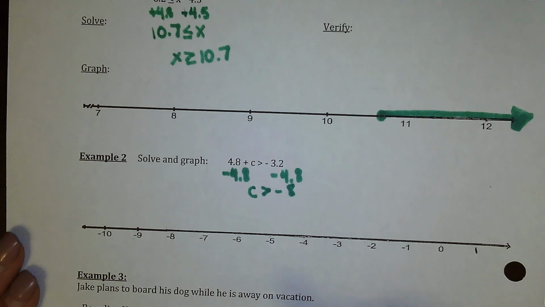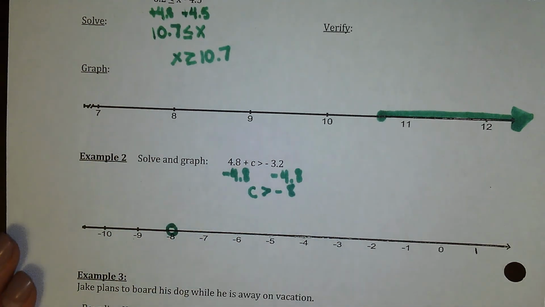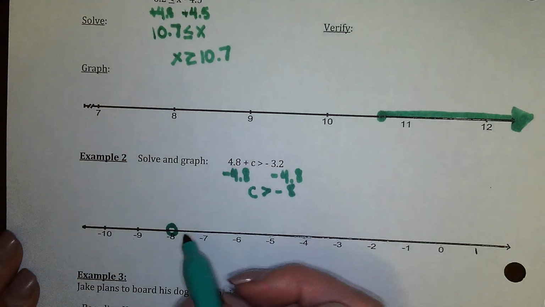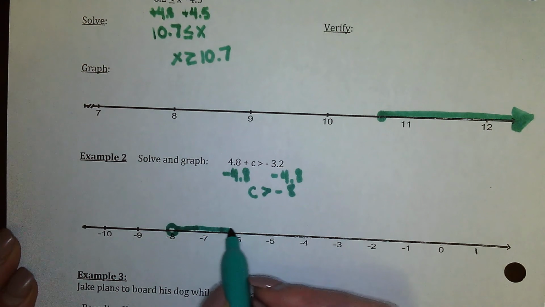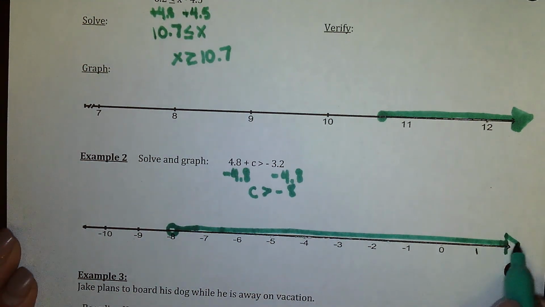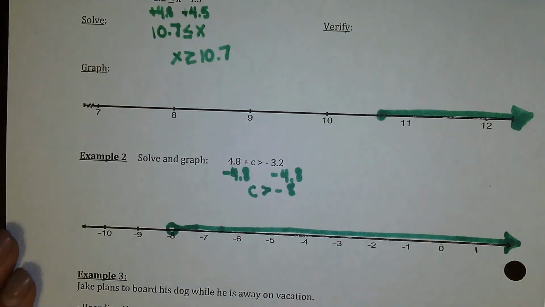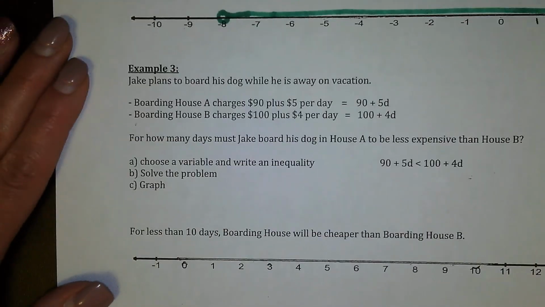Now notice that it's greater than, so I can go ahead and put a hollow circle. And then I want to make it go in the same direction where we're greater than. Just like that.